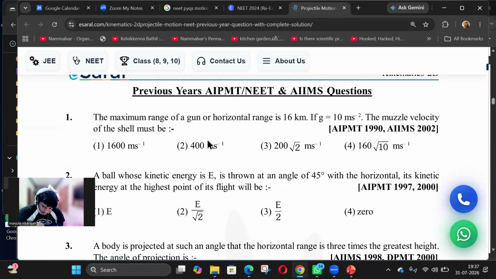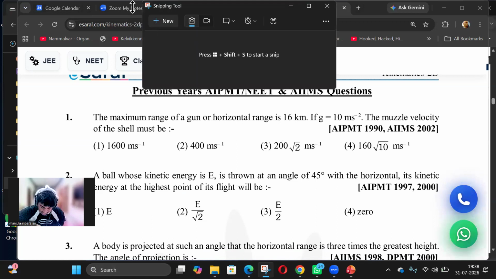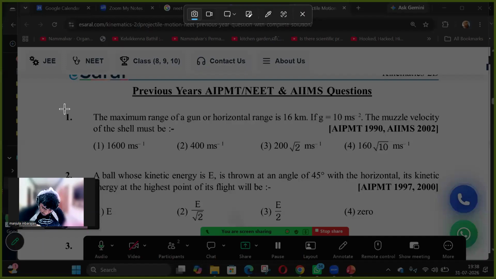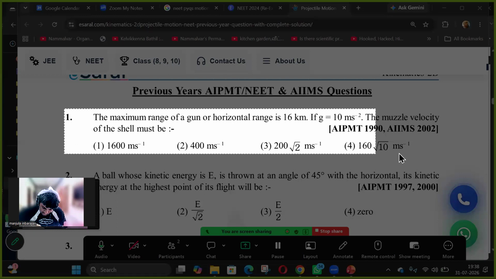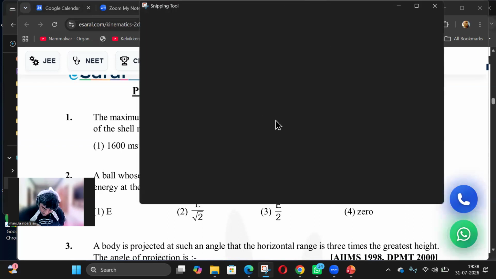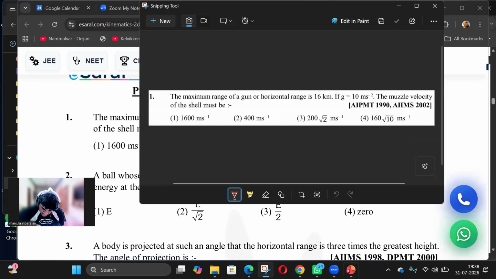Maximum range given. Question number 1. The horizontal range is given as 16, g is also given, and we need the initial velocity. We know that horizontal range is equal to u into root over 2h by g.